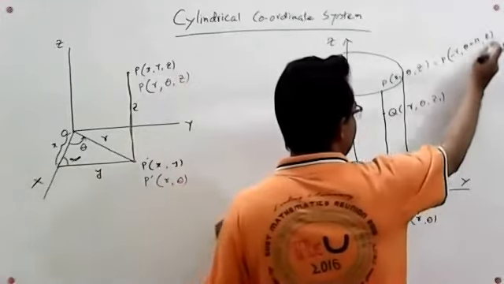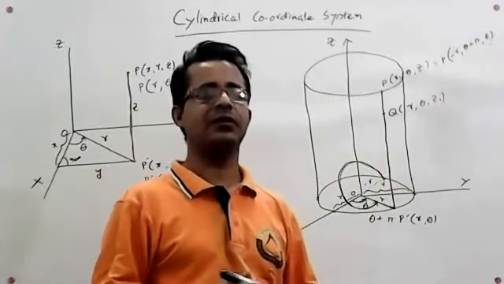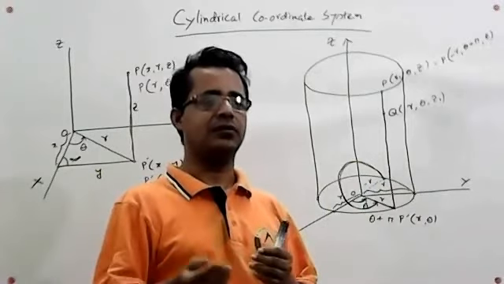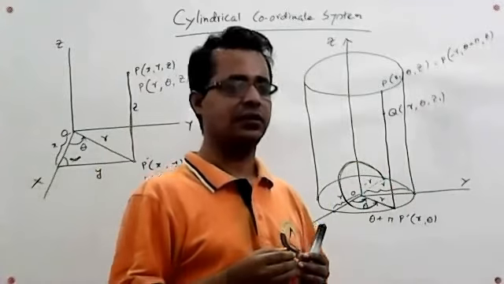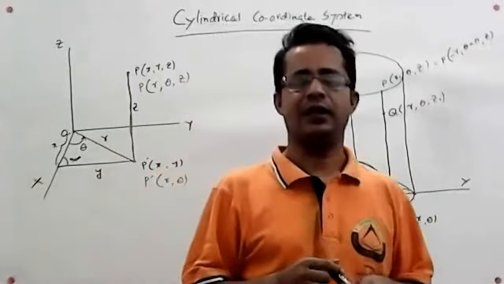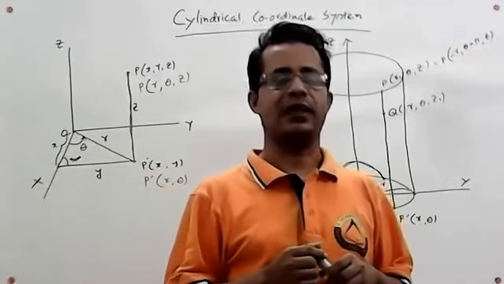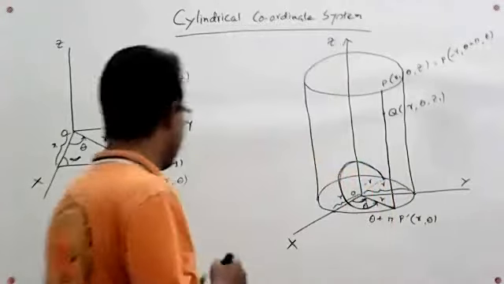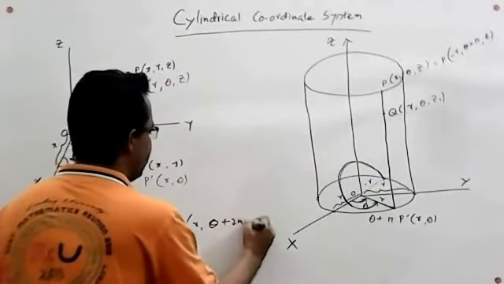So we can conclude that in the cylindrical coordinate system, a point has two identities, or we can measure it in two ways. We know that in the polar coordinate system, the identity of a point is infinite, which was P (R, theta plus twice n pi).